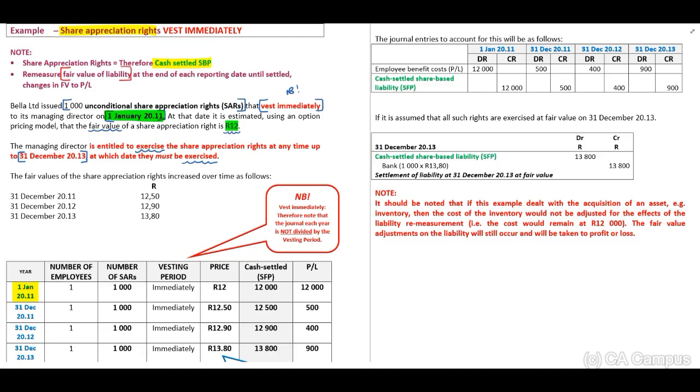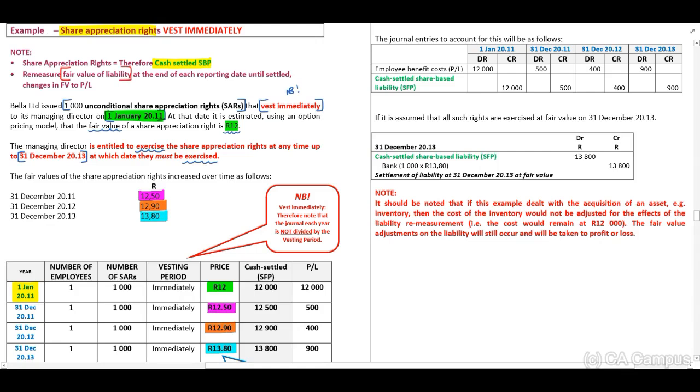And we have used the fair value on this date. Now, this is cash settled, therefore we need to remeasure our liability at the end of each reporting period. 2011, 12 Rand 50, 2012, 12 Rand 90, and 2013, 13 Rand 80.